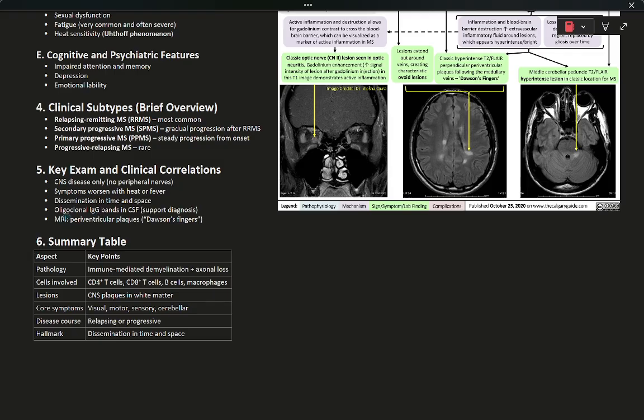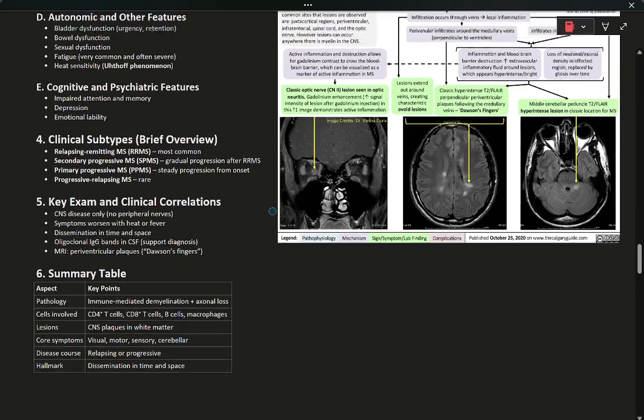Testing for the oligoclonal IgG bands in the cerebrospinal fluid can help to support the diagnosis. And on MRI, you'll likely find periventricular plaques, which in multiple sclerosis cases are known as Dawson's fingers.